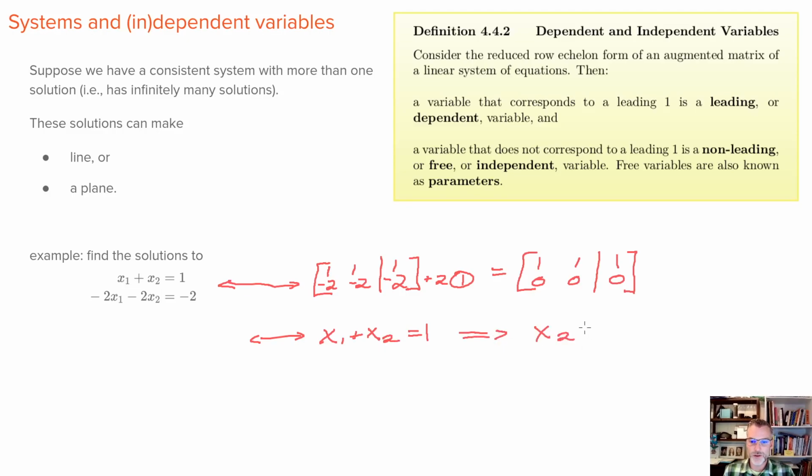So I could rewrite it like this. If I change the values of x1, then x2 changes in response. So there's only one variable here. Let that variable range through all real numbers. It sweeps out an entire line.